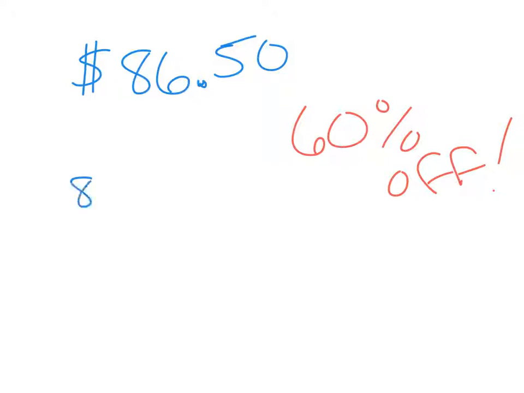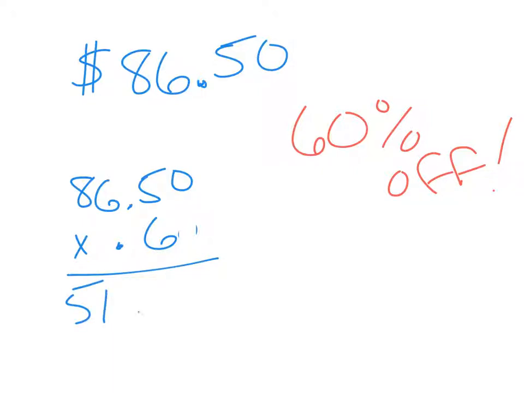You could either A, take 86.50 and multiply it by 0.6, as that's going to be 60%. Same thing as 0.60. So 0.6, and then that would help us to see what that 60% is. So if you just take that, it'd be 86.5 times 0.6, and that gives you 51.90.